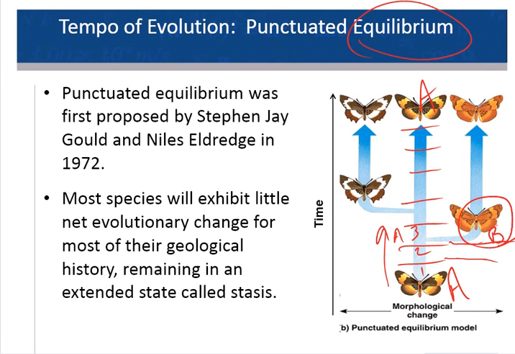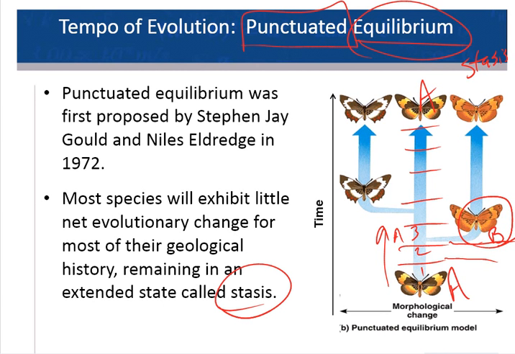So this equilibrium was punctuated, like punching a hole in it, by a rapid change, and now speciation has occurred. So the term punctuated equilibrium refers to two things. Equilibrium is staying the same for long periods, and they called that stasis. Every now and then it is punctuated, boom, by a change that results in a new species.